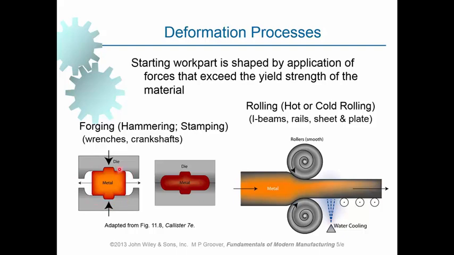In the forging process we make use of a die, and the material is heated up and subjected to impact or pressure in a way that the shape of the raw material will be converted into the shape of the cavity designed in the die, just like that one. So the initial part will have a different shape when it is subjected to impact or pressure. It will take the shape of the cavity in the die.